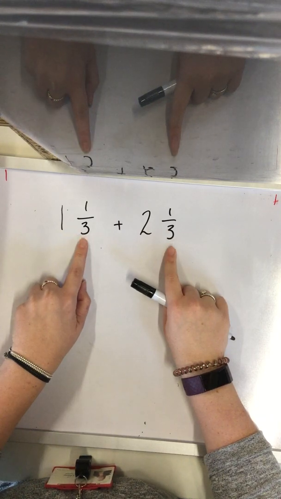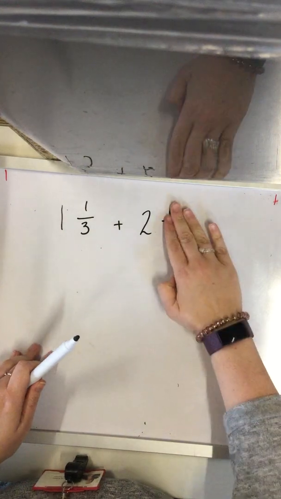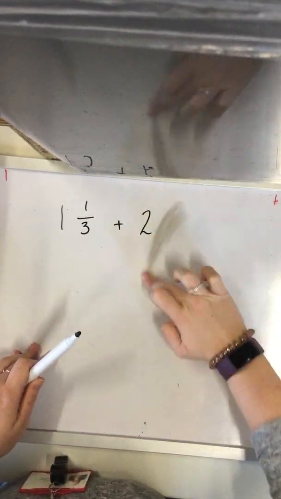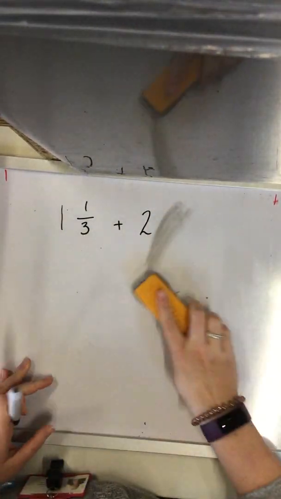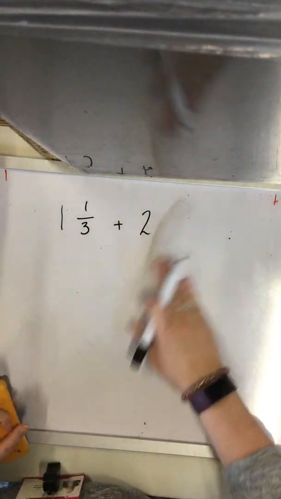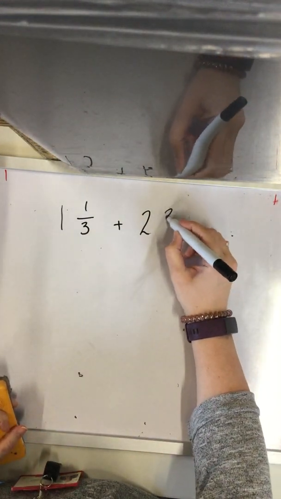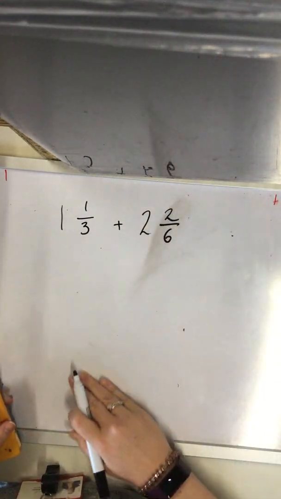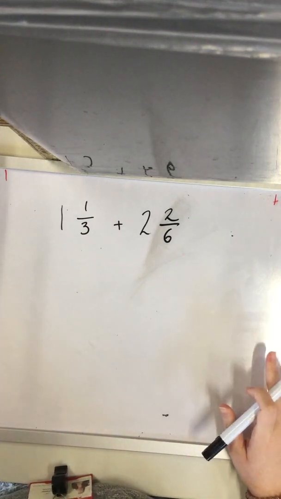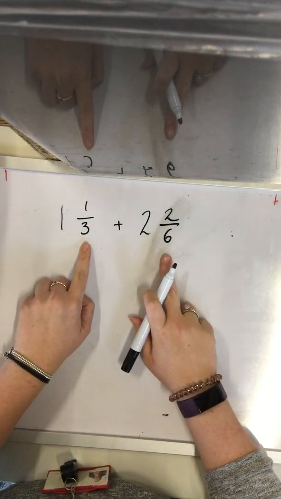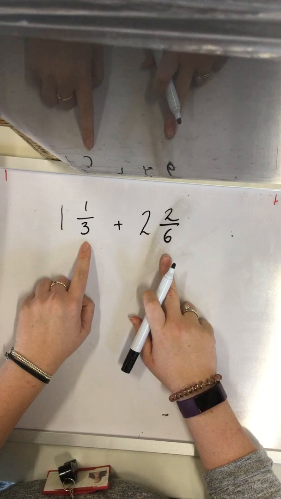We're not going to do that today. We instead are going to have denominators that are different. So I'm going to change this to that fraction. So now our denominators are not the same.